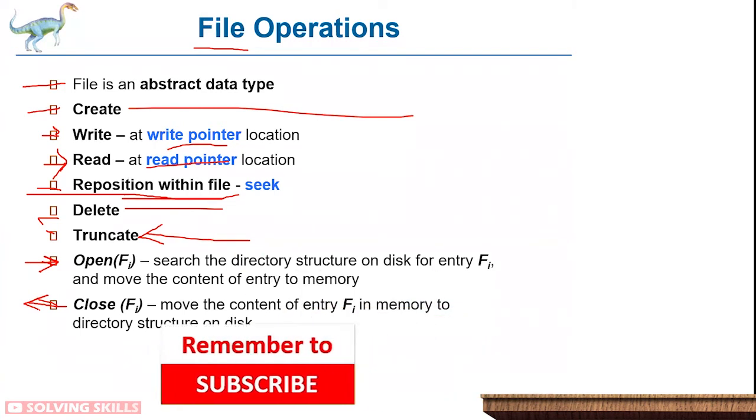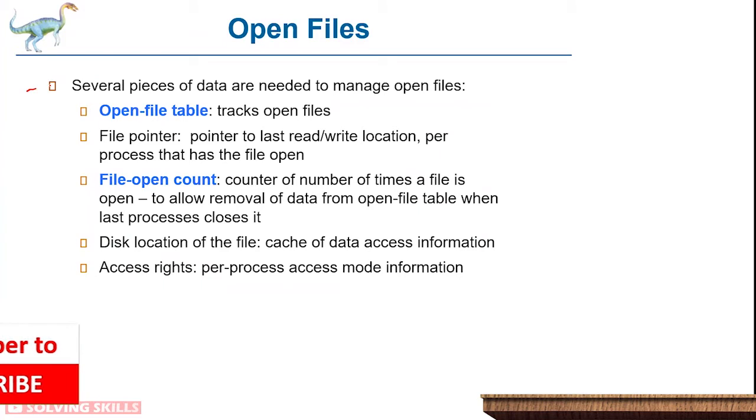Whenever multiple files are opened inside an operating system by different processes, the operating system maintains an open file table to track the open files. For example, if there are 100 files open right now, the operating system maintains an open file table, and there will be a file pointer which points to the last read-write location per process that has the file open.